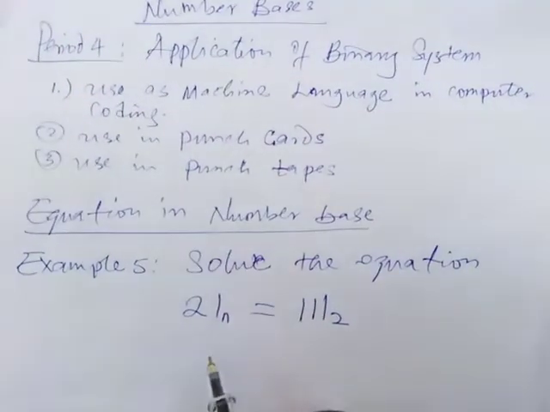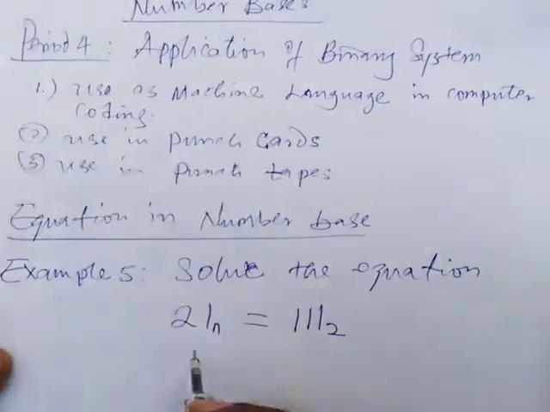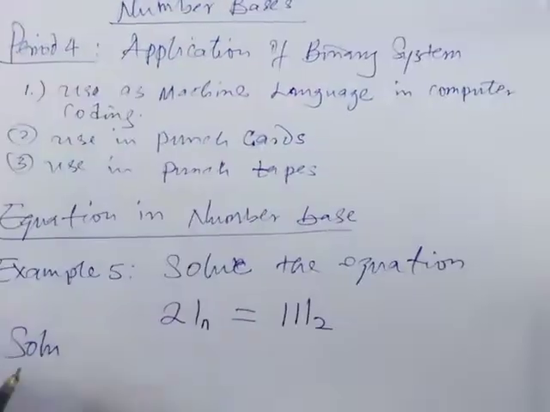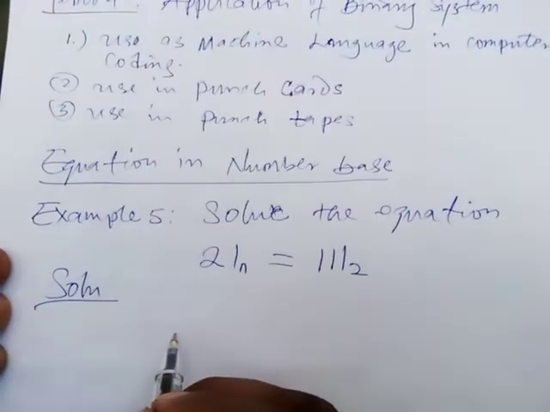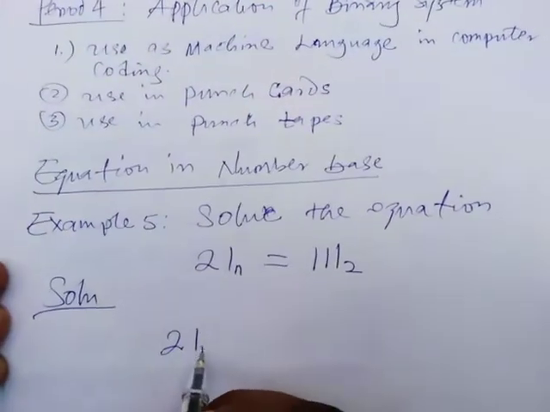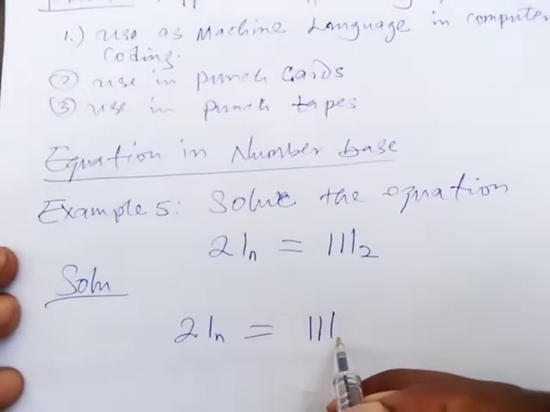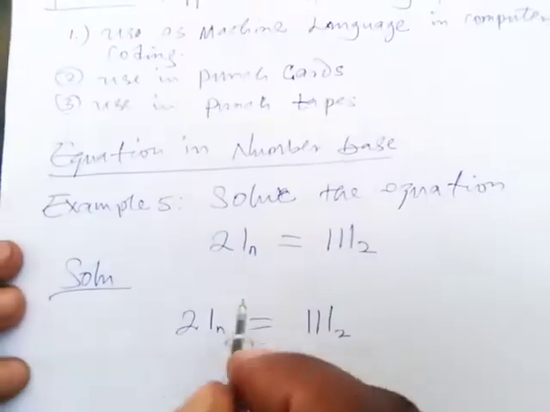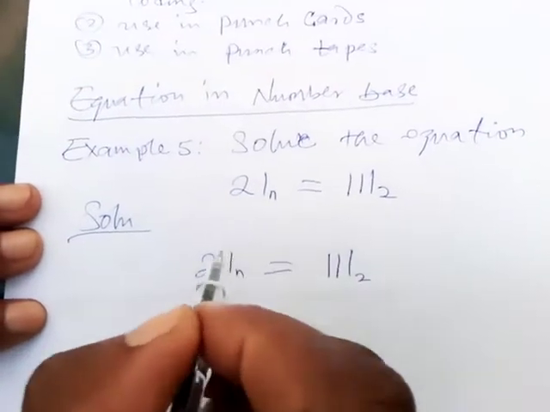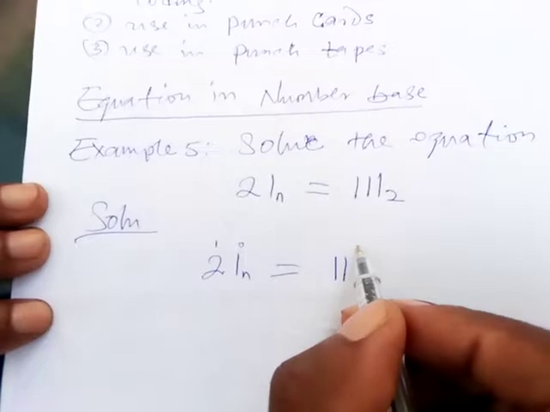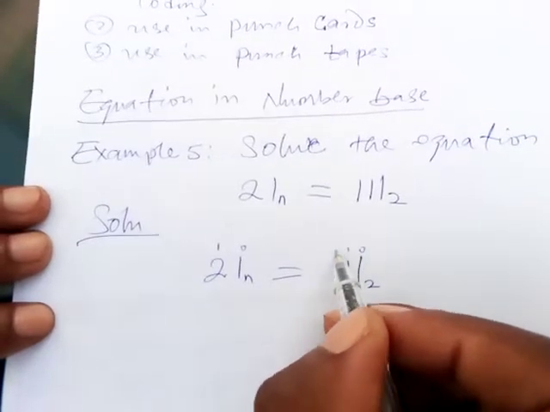To solve this kind of equation, all you need to do is convert both sides to base 10. So we say solution. We have 21 base n on the left hand side and 111 base 2 on the right hand side. So let's convert. We number the digits 0, 1, and on the other side 0, 1, 2.